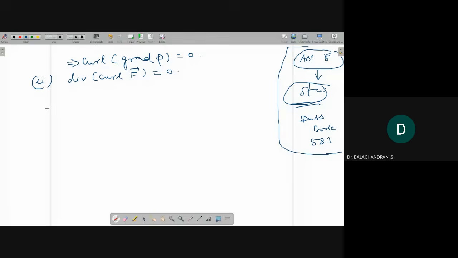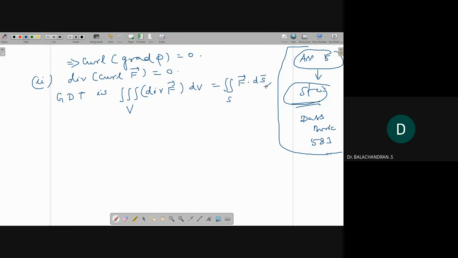So we know that the Gauss divergence theorem is: the triple integral over V of the divergence of F vector into dv equals the double integral over S of F vector dot dS vector.